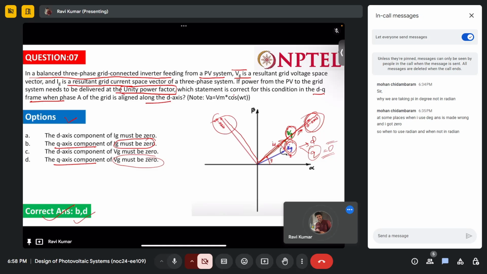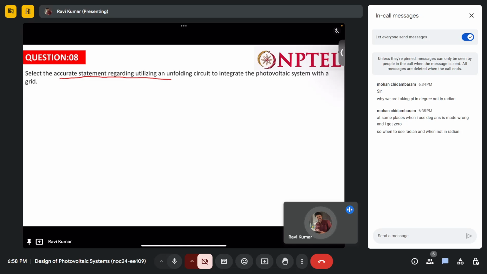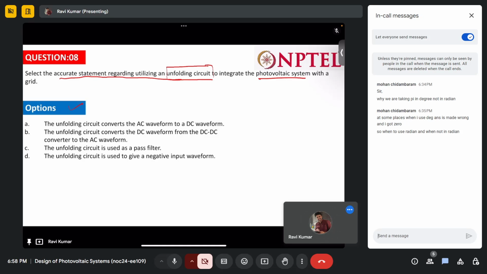So simple. Next question. Select the accurate statement regarding utilizing an unfolding circuit to integrate the photovoltaic system with a grid, and these are the options. This is so simple, I think I should not tell you the answer directly. You should try this.